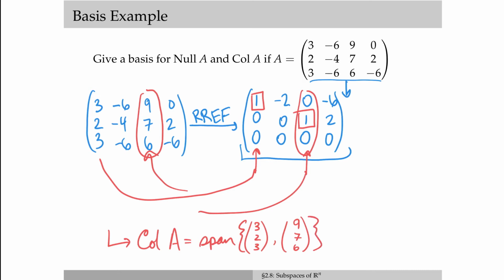You might be confused as to why I use the columns from A and not the reduced row echelon form of A. I think the easiest way of seeing this is as follows. The column space of A is the span of these columns. Now look over here at this matrix. If I'm taking this span, that means I'm taking all linear combinations of the columns of this matrix.